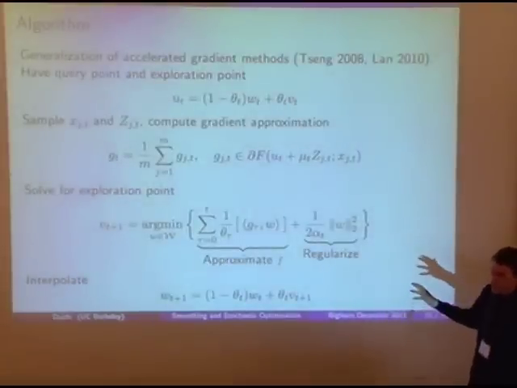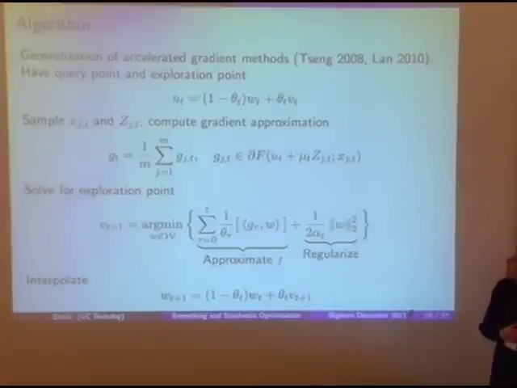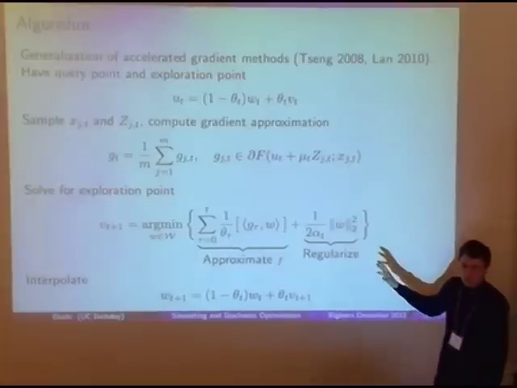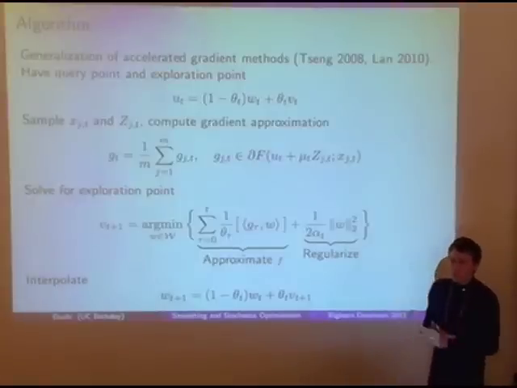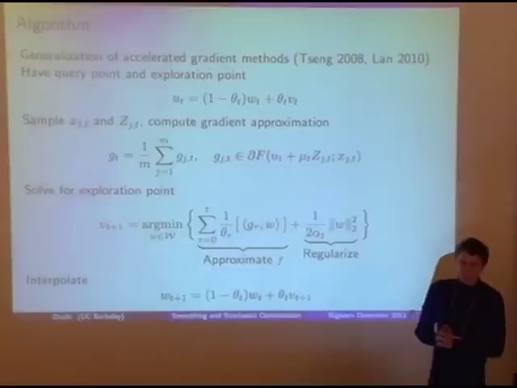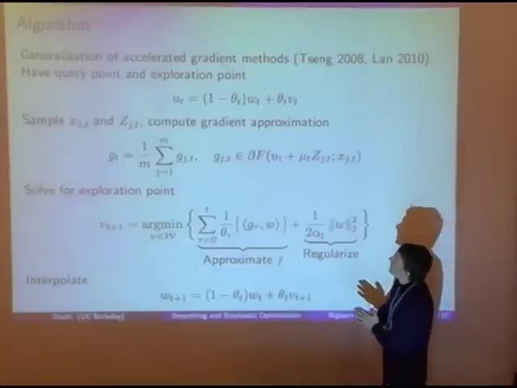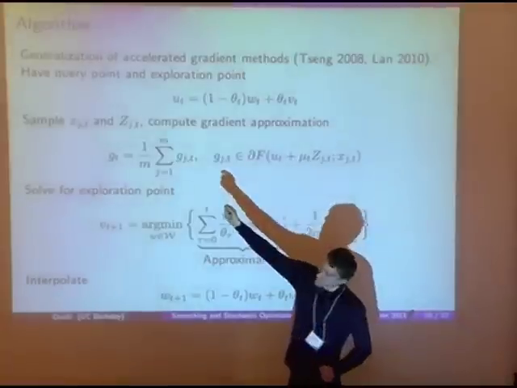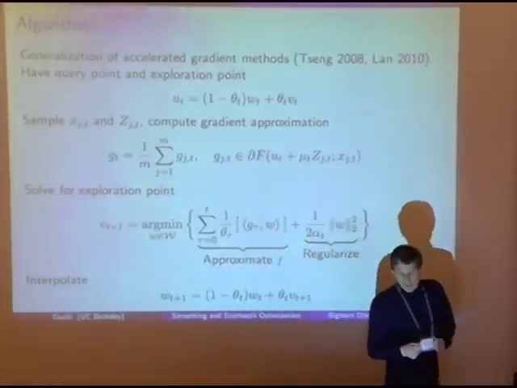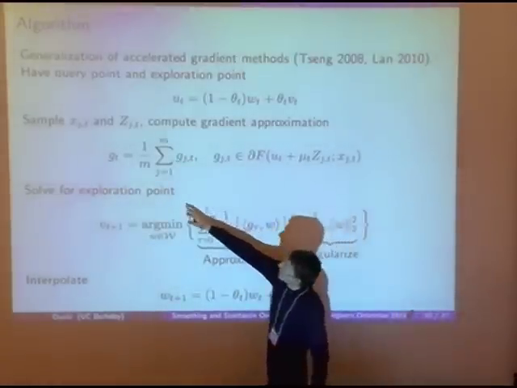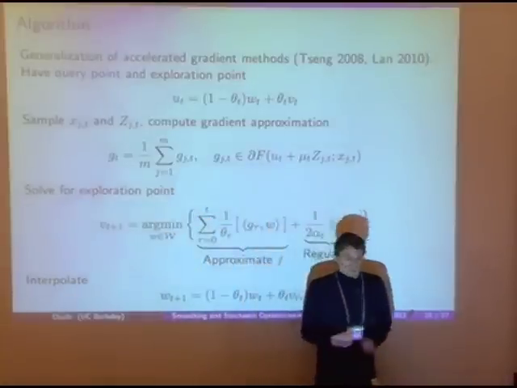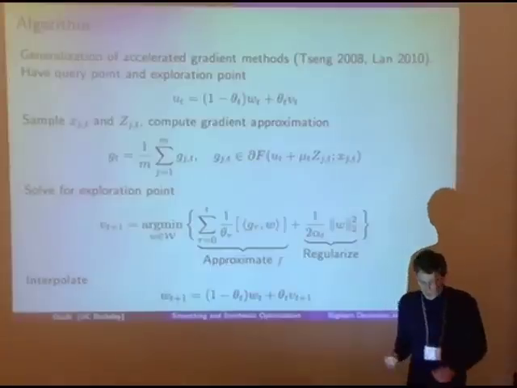And because I would feel really bad about having a talk without actually giving the algorithm, I'm going to write it here. It's a bit complicated. If you've seen accelerated gradient methods, then it should look mostly familiar. If you haven't, then I'm sorry, I won't spend that much time giving intuition for it. Essentially we have a query point where we're looking for gradients, and then this exploration point, which is really aggressively trying to minimize our loss function.